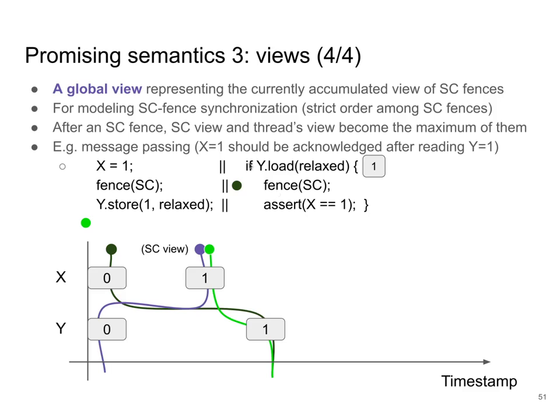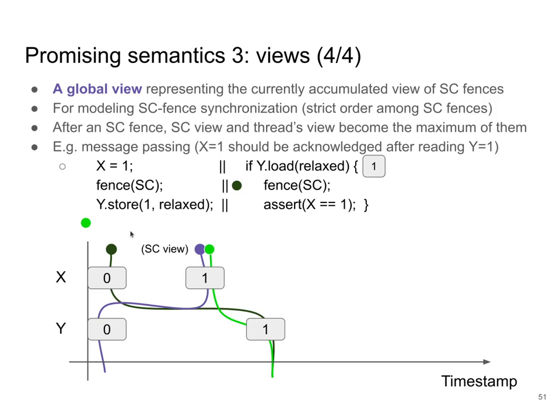On the other hand, as we discussed, y equals 1 should be released to the SC view because a later fence may also synchronize with me. As a result, all the knowledge that is before the fence should be transferred to the SC view.